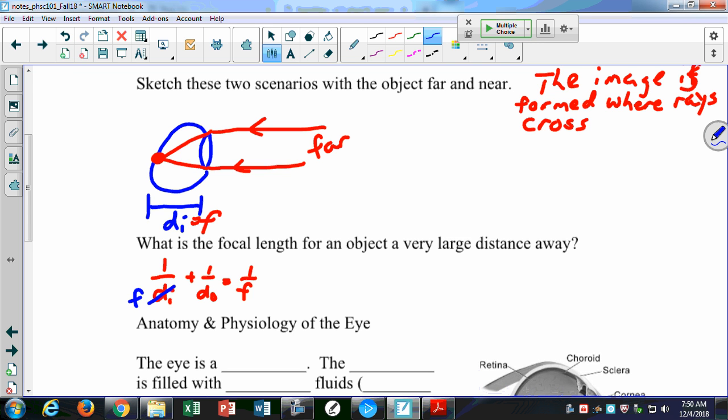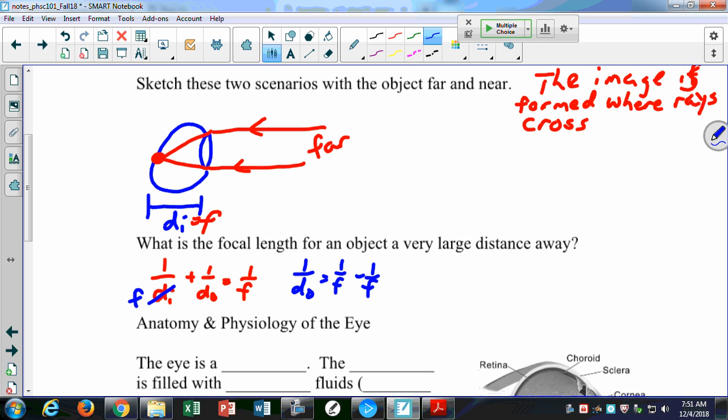What I did here is I said that when my object is really far away, the image distance is equal to the focal length. So I have these parallel rays that come along, they go into the convex lens and they focus at this point, and where the light rays focus, that is my focal length.